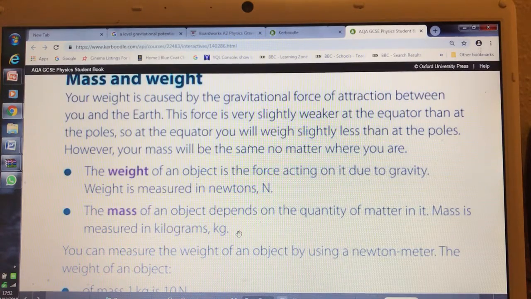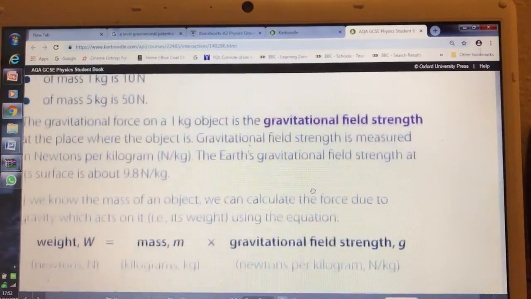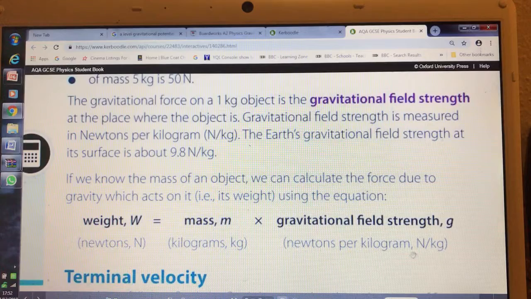However, the weight is purely dependent on the gravitational pull, which means that as the mass gets larger, for a certain gravitational field strength, let's say on our planet it is 9.81, the mass is multiplied by 9.8 or 9.81 newtons per kilogram, which will give you the weight of the object.